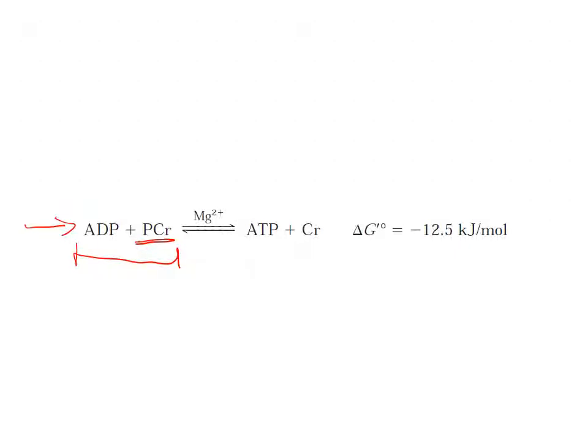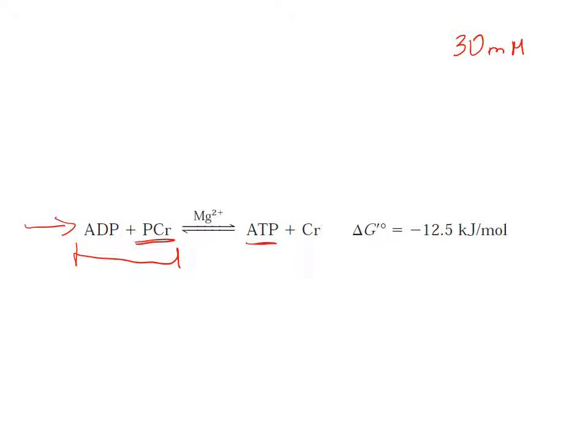The concentration of phosphocreatine in skeletal muscles is about 30 millimolar. That's about 10 times the concentration of ATP. The same thing holds true for smooth muscles and kidney and brain. In those organs, it's 5 to 10 millimolar.